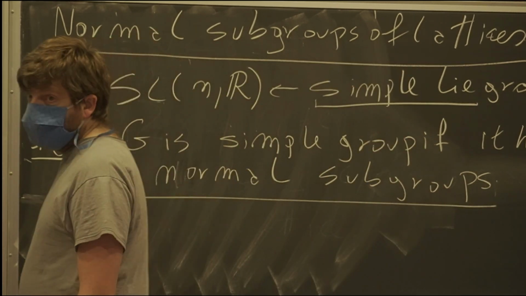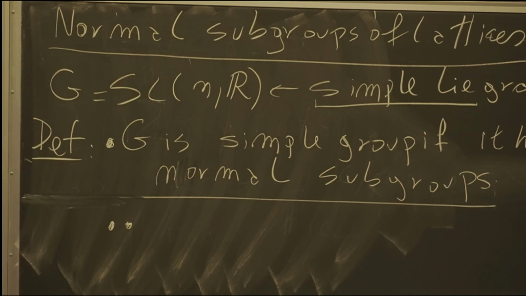Simple group. Now, at least in even dimension, SL_n(R) has a normal subgroup because plus minus identity is a subgroup, and it commutes with everyone else, so it's a normal subgroup. So certainly that makes SL_n(R) not simple for n even.